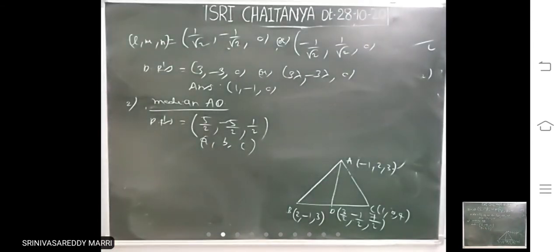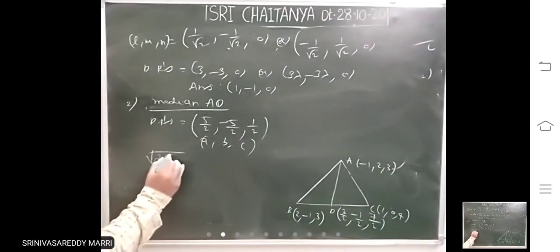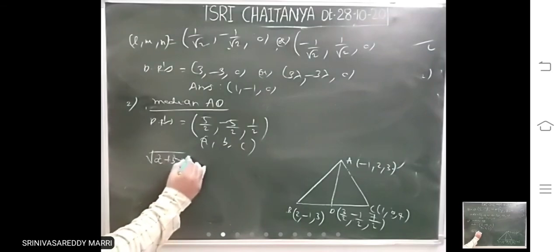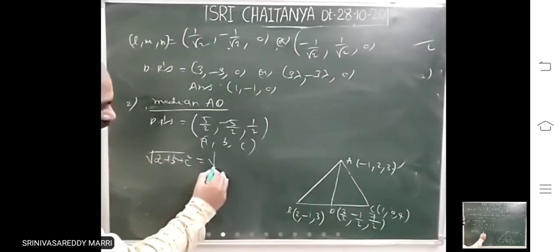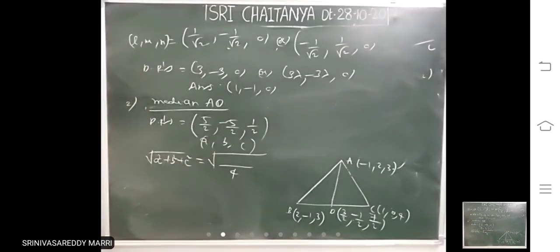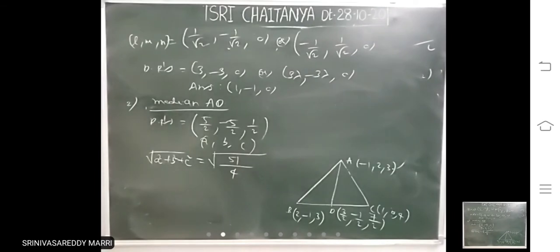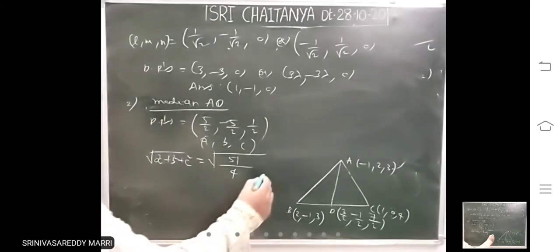For DCs, first I calculate root of a square plus b square plus c square: 25 by 4 plus 25 by 4 plus 1 by 4 is 51 by 4, so root of 51 by 2.